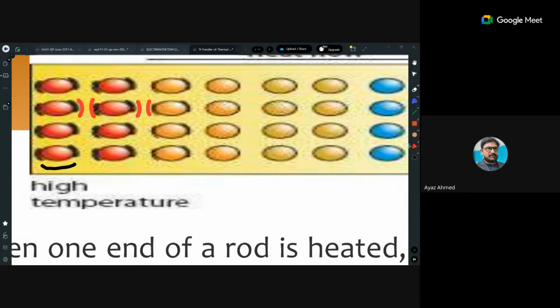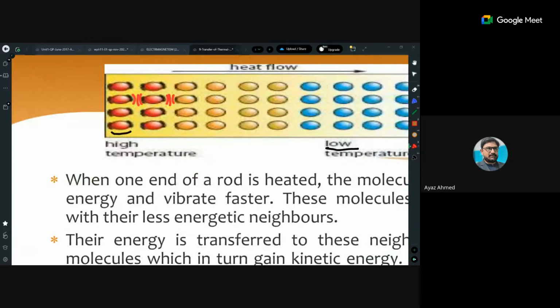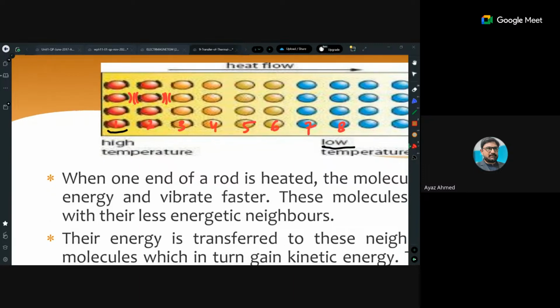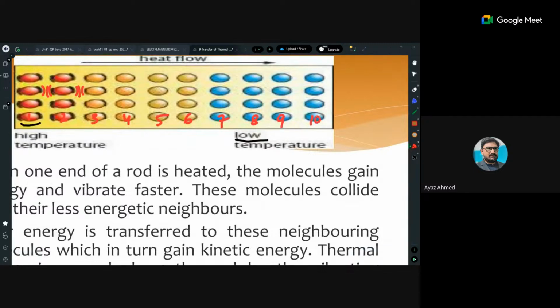And when they have more interaction, they transfer the energy from one particle to another. Let's say particle number one transfers to two, then three, four, five, six, seven, eight, and so on. In this way, these 10 particles would get energy, but that is a slow process, right?